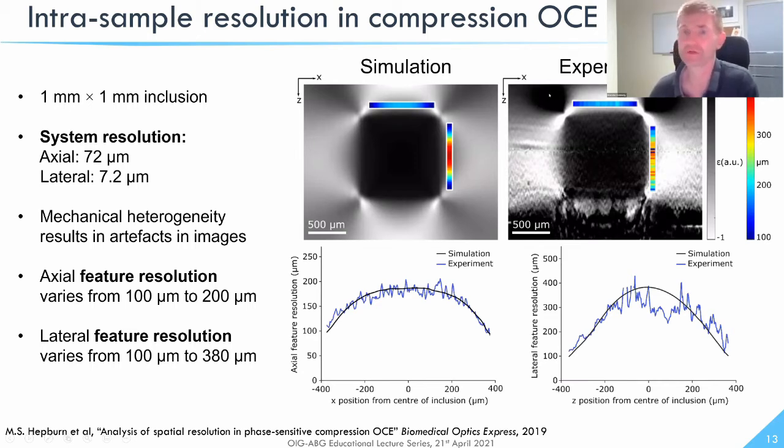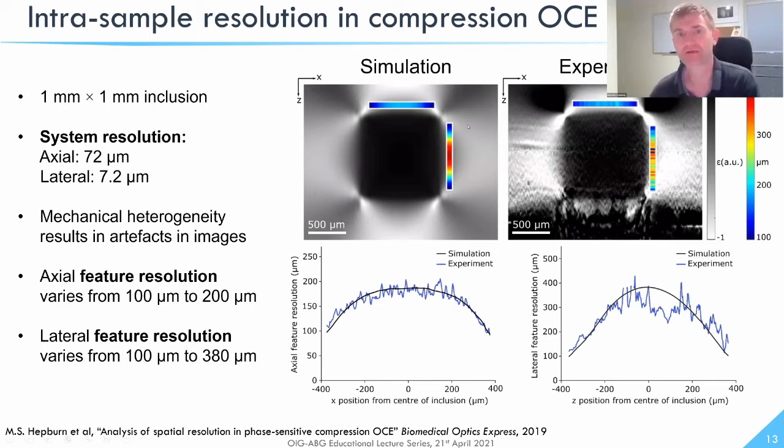So we get this artifactual measurement of low strain. This is the same kind of artifact that's visible in ultrasound elastography, and in that field, which is more advanced, they train radiographers and radiologists in interpreting these artifacts. But of course, it can lead to erroneous interpretation of the data.